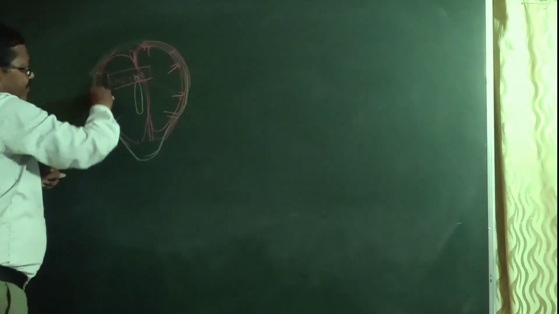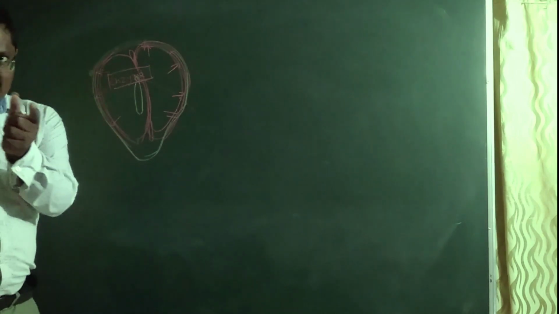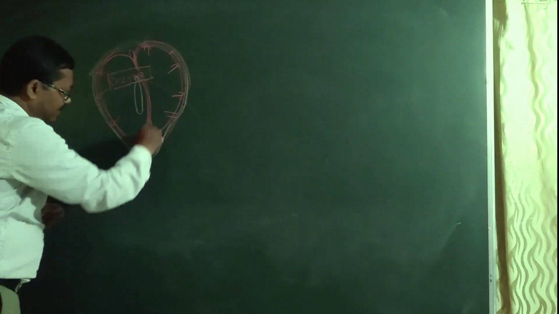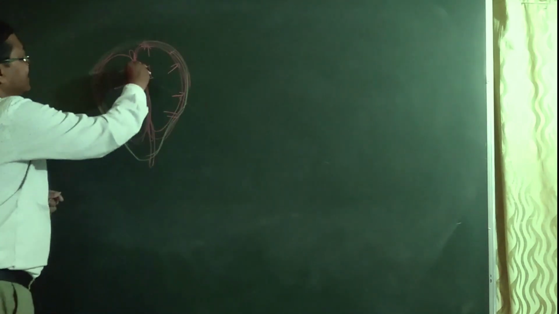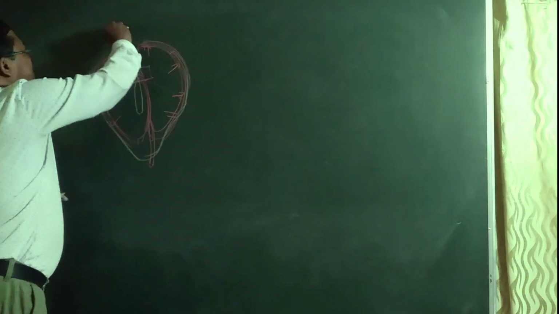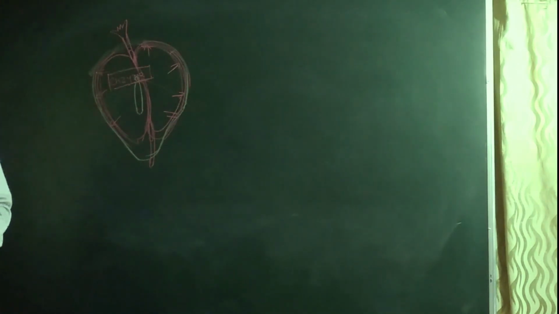The cotyledon gradually increases its size, and the radicle grows and the plumule grows upward. This is called germination.